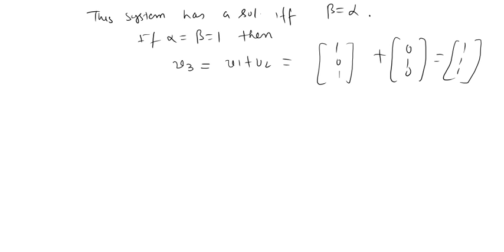So this is v3, and finally you need to solve (A minus lambda I) u equal to v3 as we explained in the theorem. So again solve this.